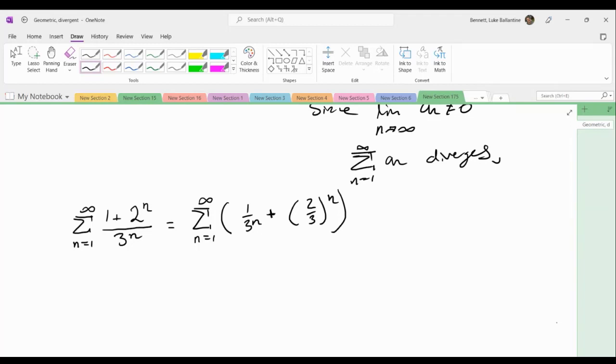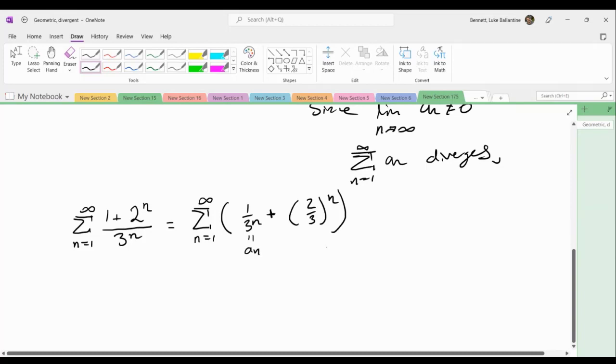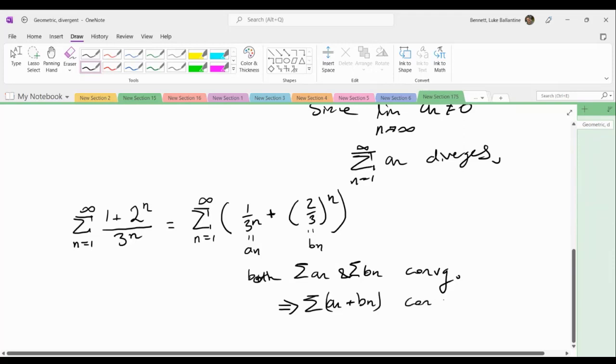I think, if we call this a_n and we call this b_n, and we notice that both a_n and b_n converge by themselves, then so will their sum. This will also converge.